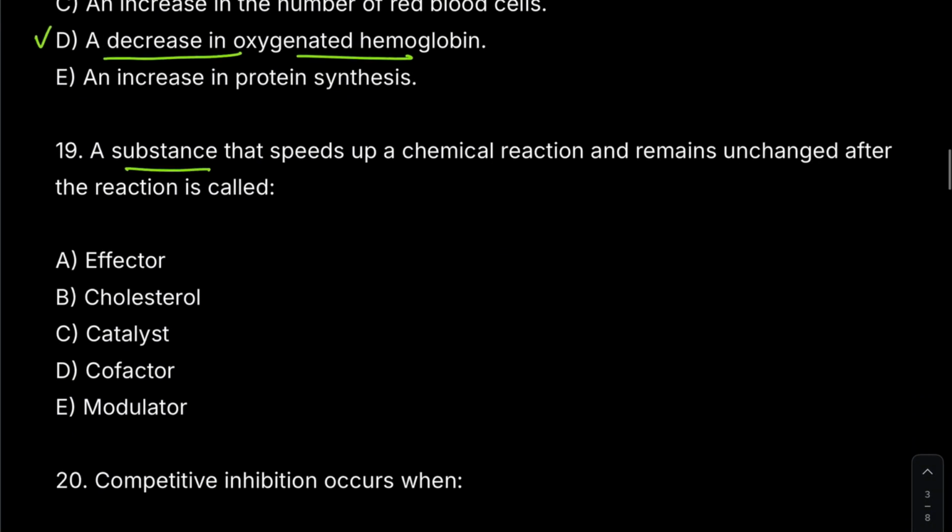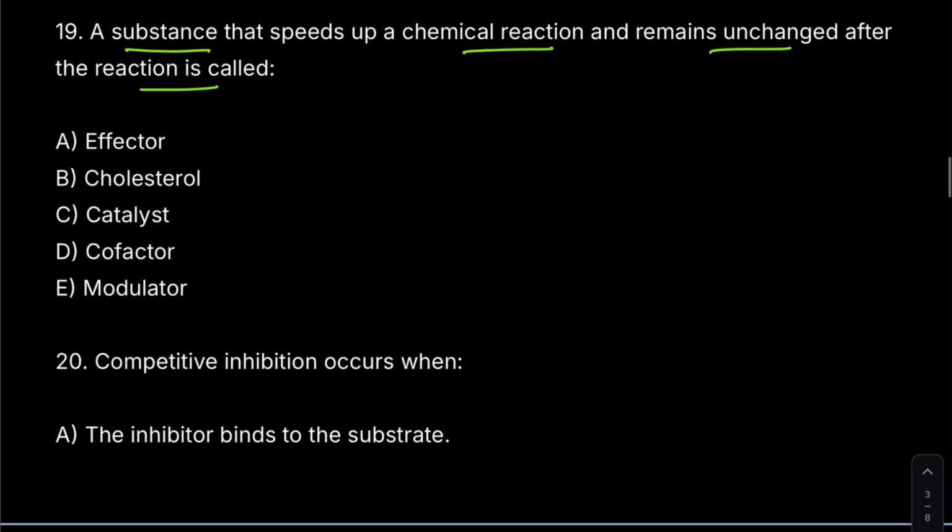So, question number 19. A substance that speeds up a chemical reaction and remains unchanged after the reaction is called, C, catalyst. A catalyst lowers the activation energy of a reaction, making it proceed faster without being consumed.